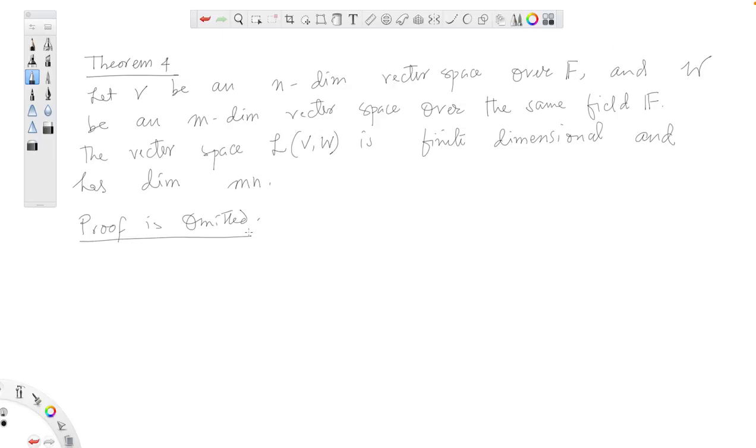Good. Now the special case when V and W coincide with each other. For such a linear transformation we use a different name.